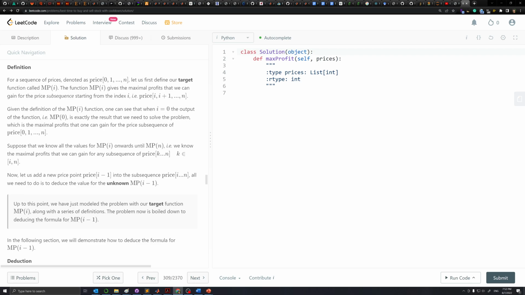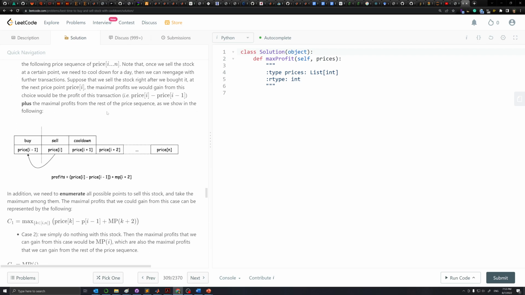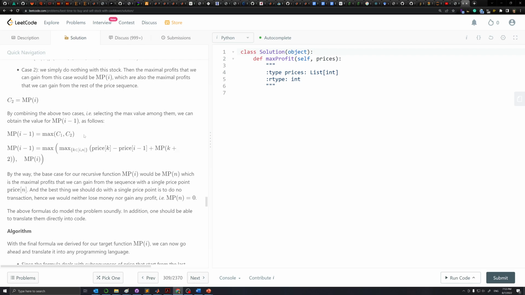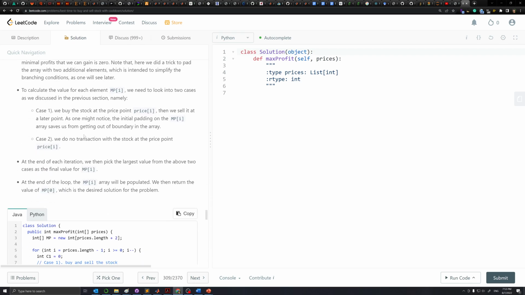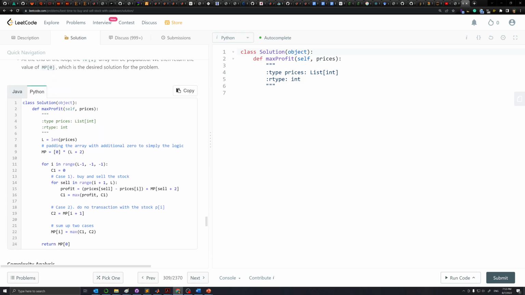Maximal profit that we can gain for the price subsequence from the index i. Right, this is actually a pretty awesome way of formulating the subproblem as well. Yeah, these two subsequences might be similar to what we are doing, but it's still a little bit complicated.